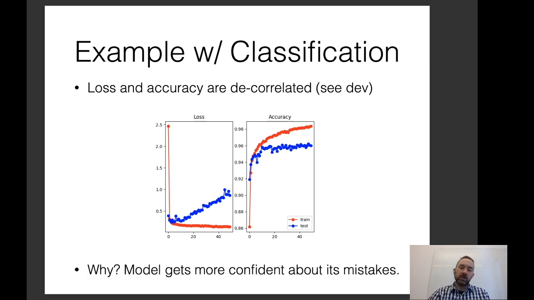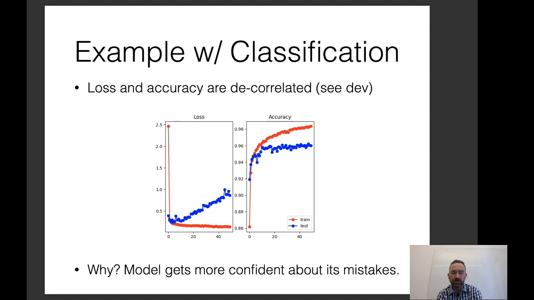This loss is the negative log likelihood of the correct output. And basically, the reason why is because as you train the model more, the model can get more confident about its mistakes. So it has a few mistakes where it gives a very high probability to the wrong answer.